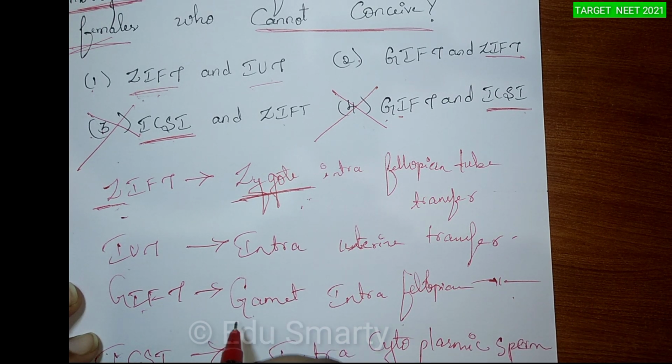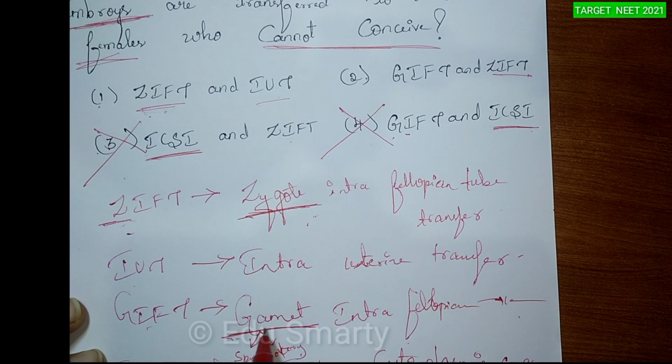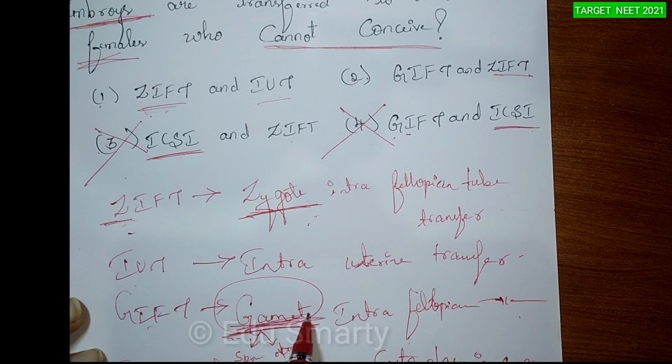Gamete means we have 2 gametes, male gamete and female gamete. Male gamete is sperm and female gamete is ovum. So they are going to transfer the gametes, not the embryo in this technique. So GIFT is not our answer.